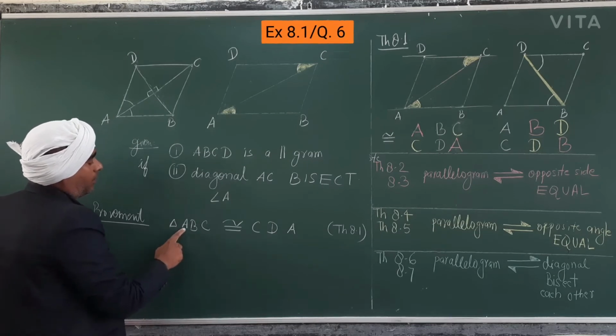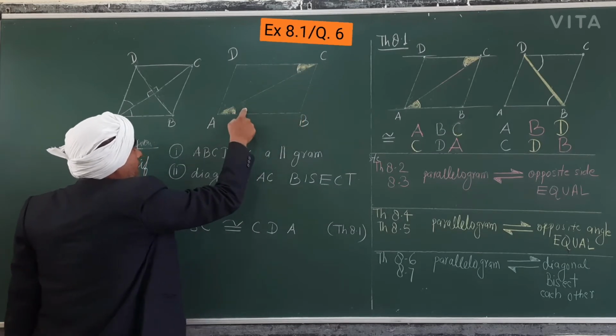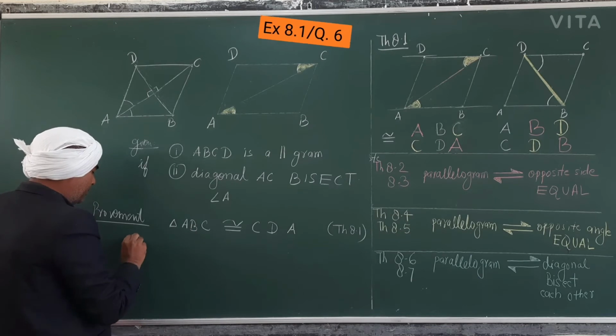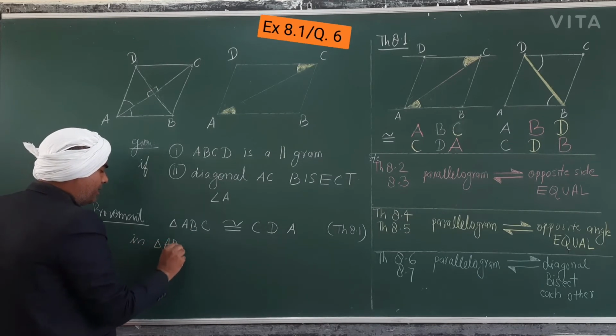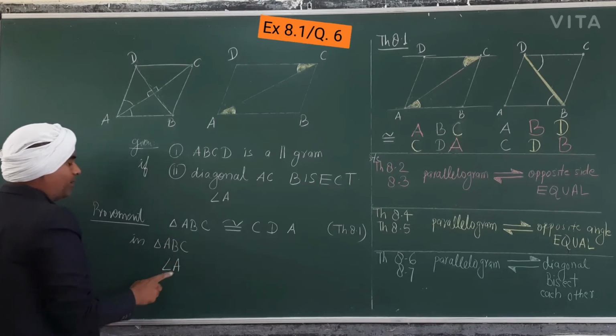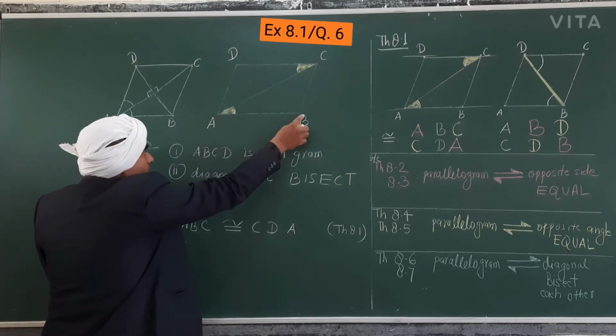So write what? In triangle ABC, can we write angle A? Yes. In this triangle ABC, angle A, because if you say only angle A it may be DAB also.